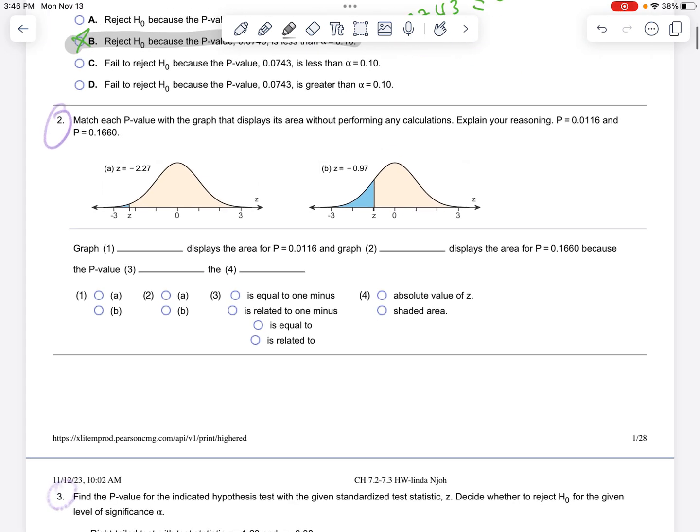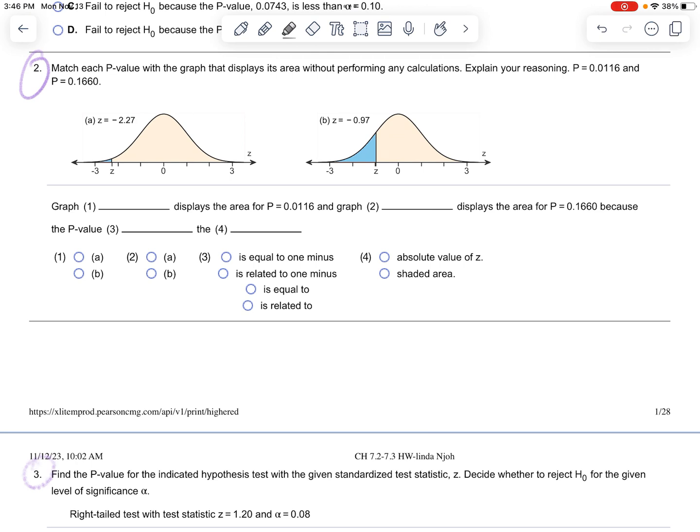Now moving on to number 2, match each p-value with the graph that displays its area without performing any calculation. Explain your reasoning. Now remember how we used to do this, right?